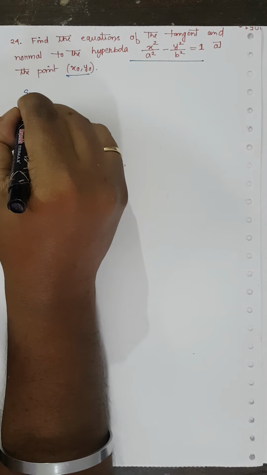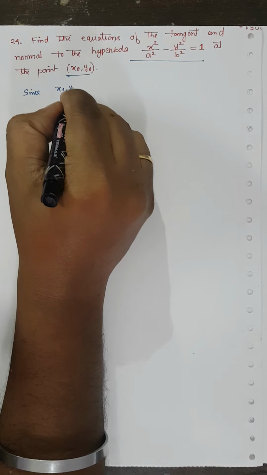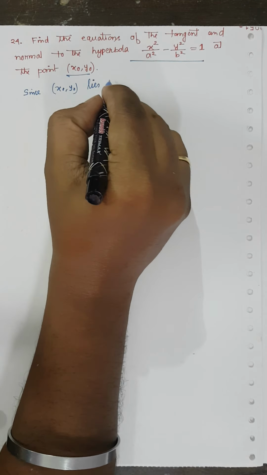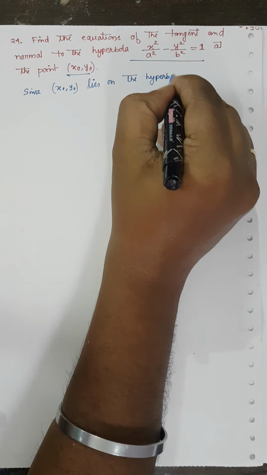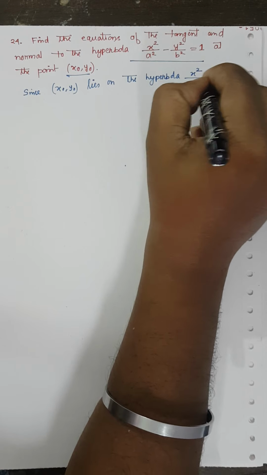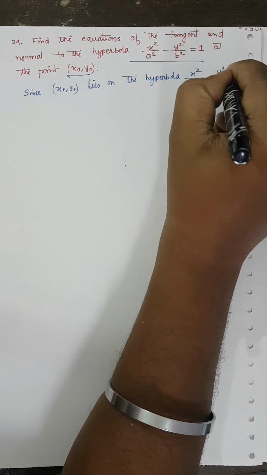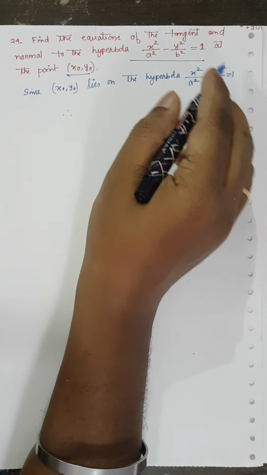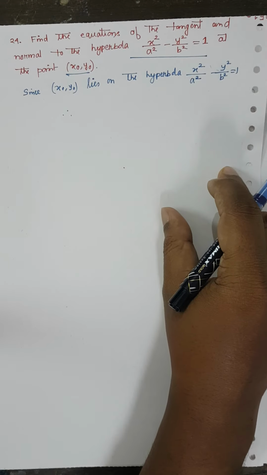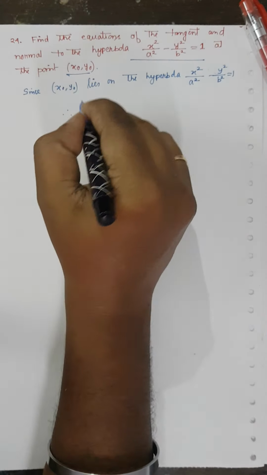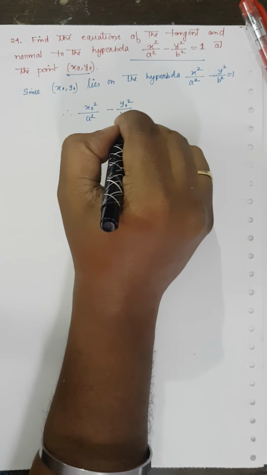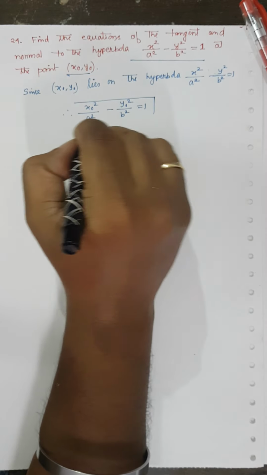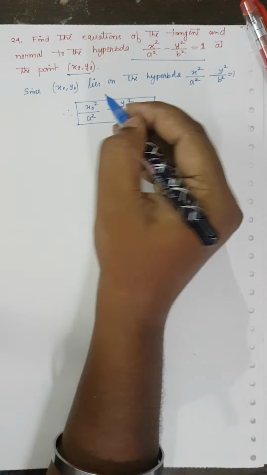So, since x naught comma y naught lies on the hyperbola, the point will satisfy the given equation. That means x naught square by a square minus y naught square by b square is equal to 1. This is the condition on x naught and y naught.